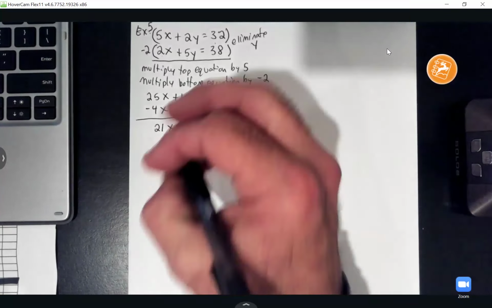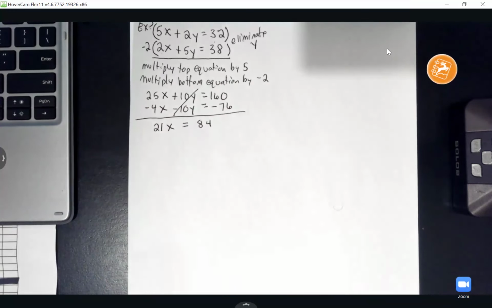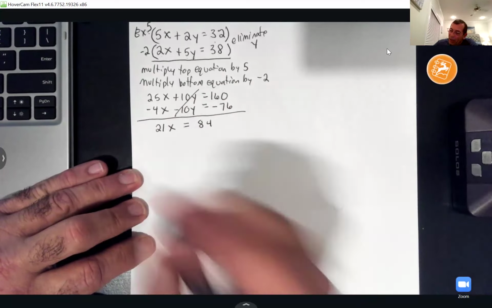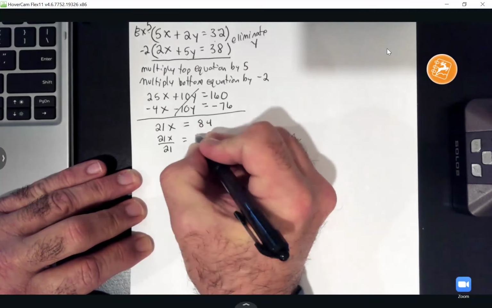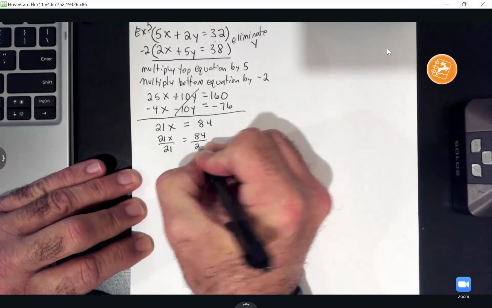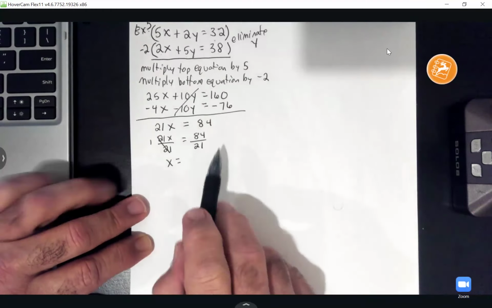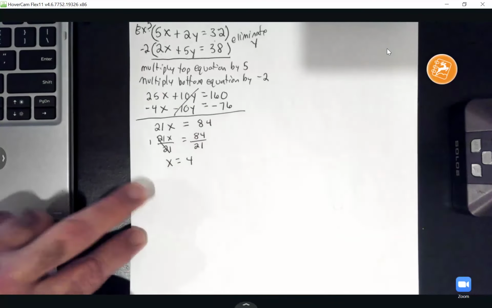Yeah, it is. 84. All right, so now we're down to one variable. Solve that for the x. And the only thing we can do is divide. It cancels, give me my 1x. And then, look at that. 84 divided by 21 gives me a 4.